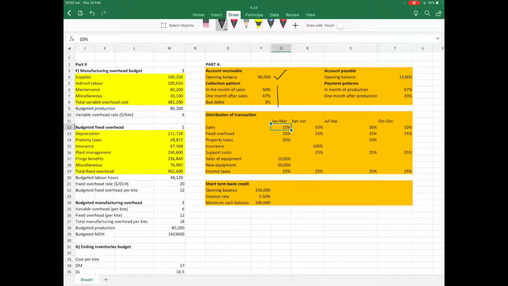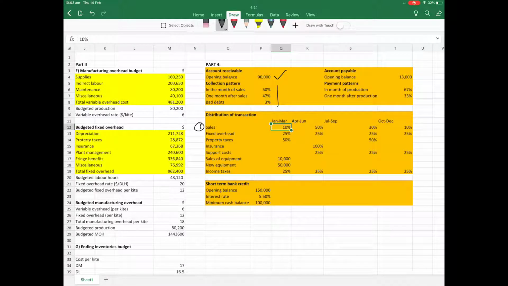And the distribution of transactions, we want to know what happened when. So the first thing is sales. This is the source of cash receipt. This is the pattern of sales: 10% in the first quarter, 50% second quarter, 30% third quarter, and 10% the last quarter.